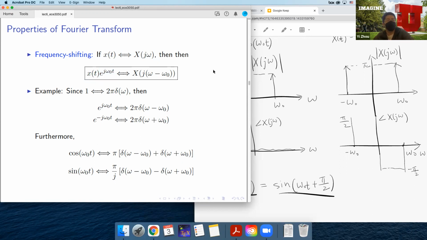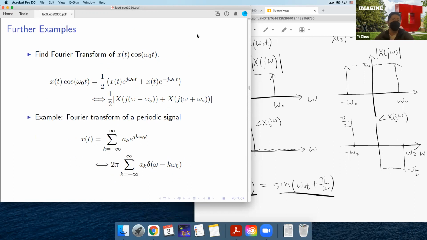So applying the frequency shifting property, we can conclude that for this one, it is modulated by e to the power of j omega naught t. So by the frequency shifting property, the spectrum is given by taking the spectrum of x(t) shifted to the right by omega naught. So this is the corresponding spectrum. And for the other one, because we have a negative sign in the phase part, this is to shift the original spectrum to the left by omega naught units.